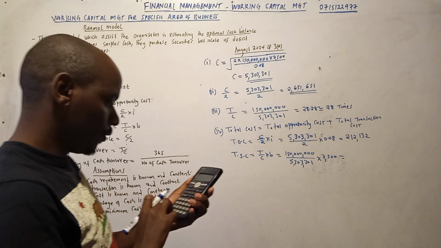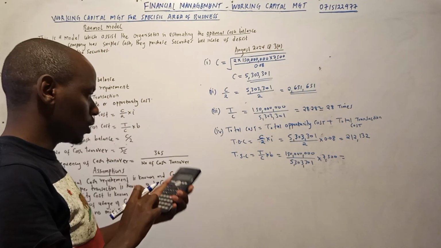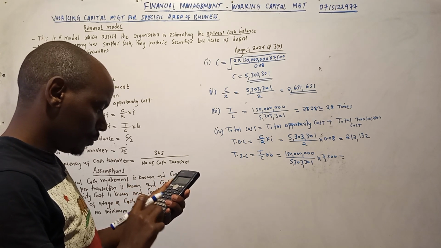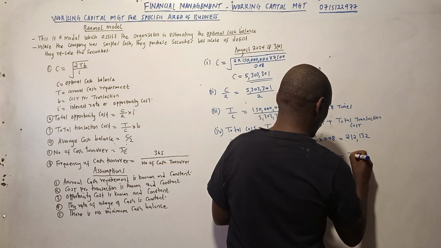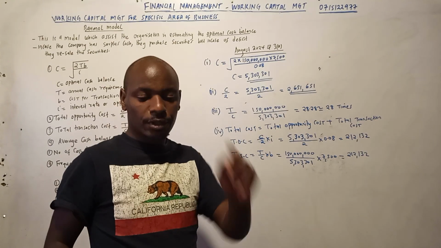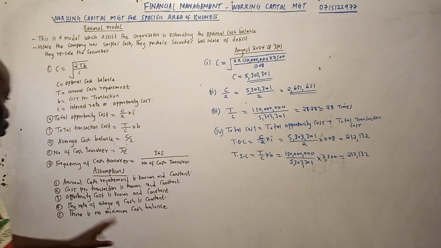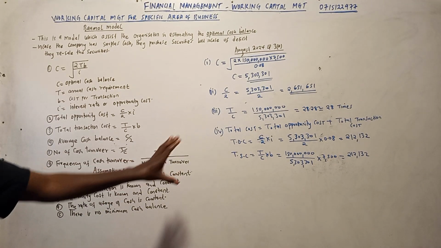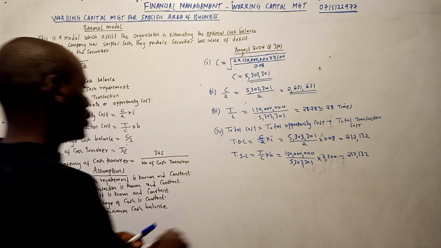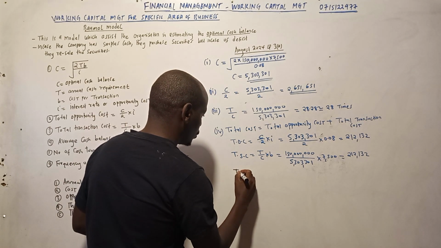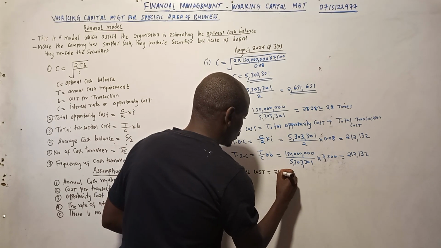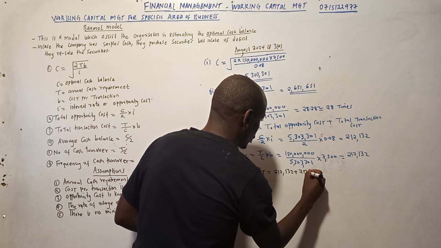That gives 212,132. Yes, they are equal. So opportunity cost and transaction cost must be the same if these assumptions are maintained. So we can say that the total cost will be 212,132 plus 212,132.